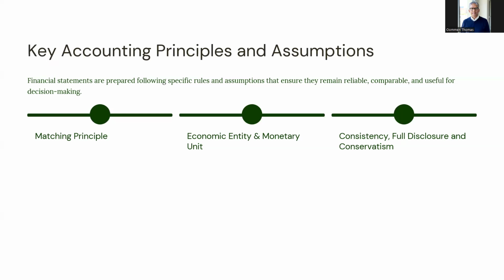This means anticipating potential losses and recording them as soon as they are probable, while delaying the recognition of potential gains until they're virtually certain. Right? So the idea is to record in a conservative manner so that the financial results are not overstated. If anything, they should be understated.